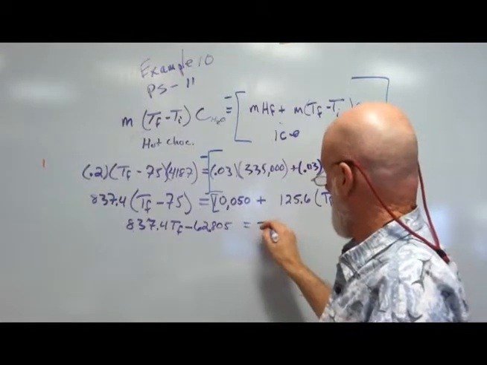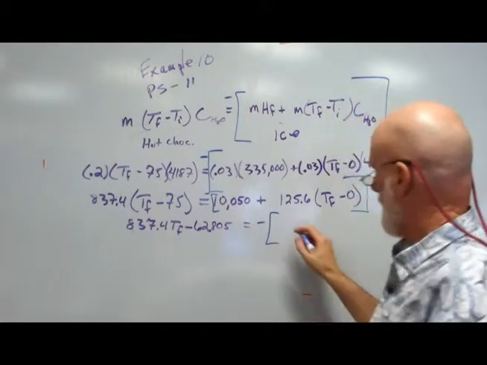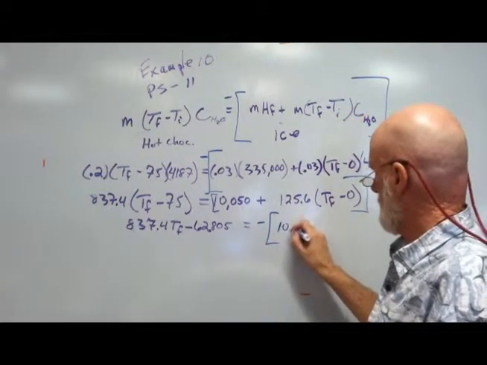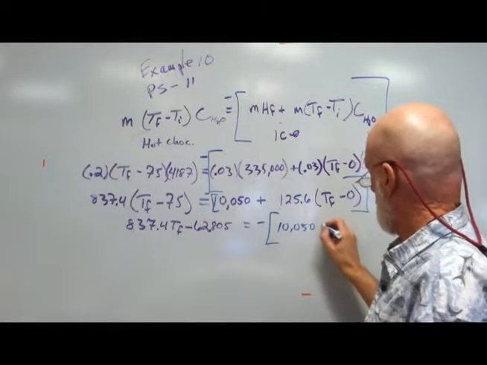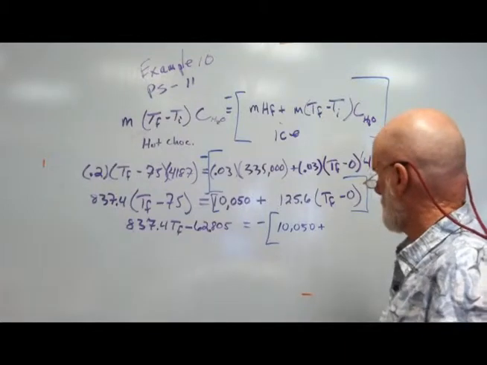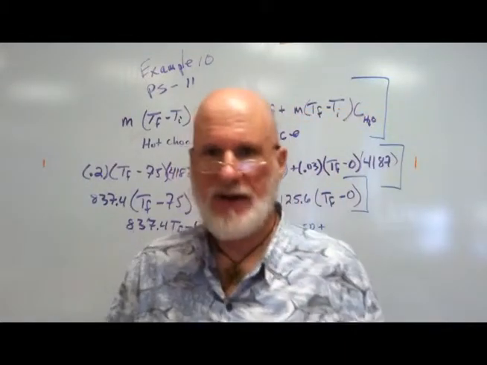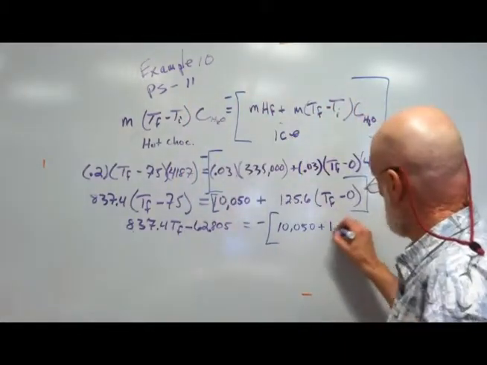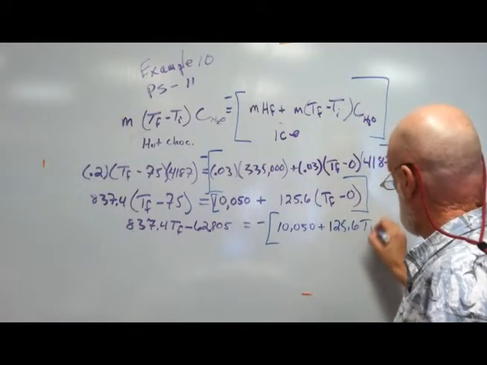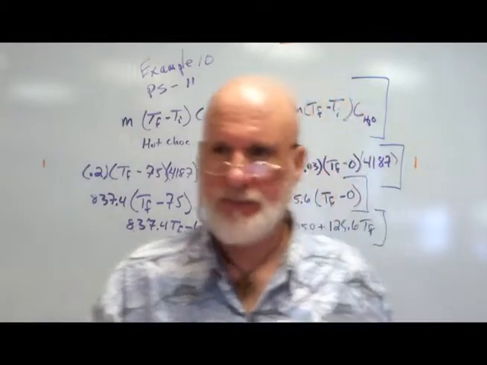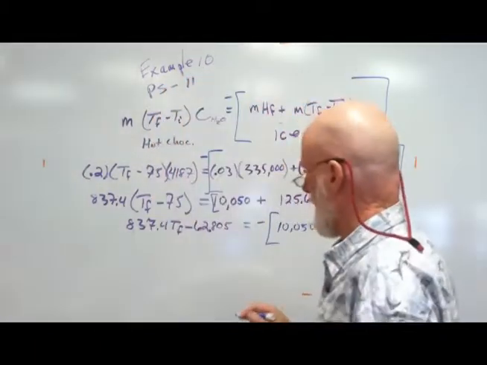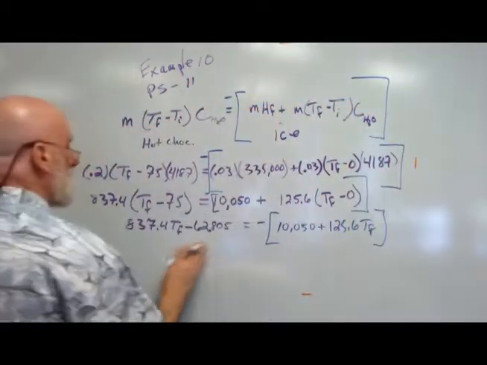Right? So negative 10,050 plus 125.6 TF. So you see how that 0 drops off? So now let's rewrite this.